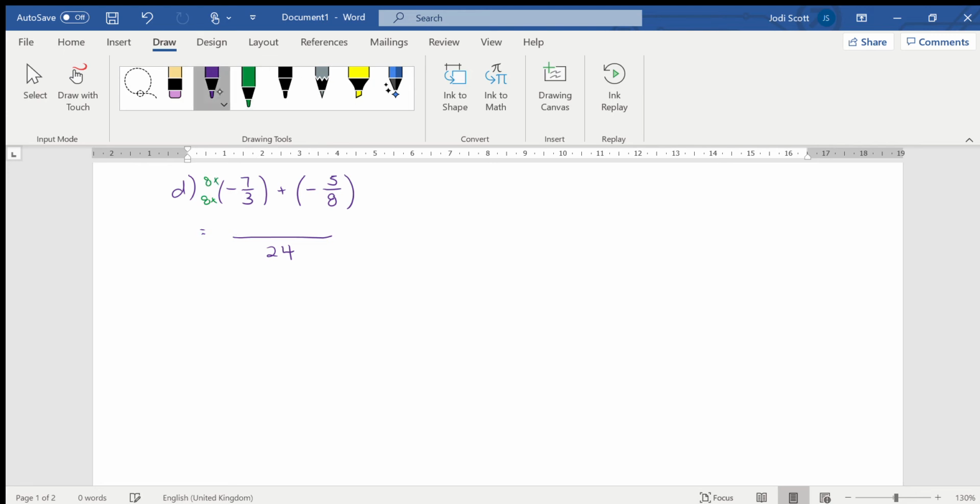So again, what you do to the bottom, you do to the top. 8 times negative 7 is negative 56. And then on the second fraction, 8 times 3 was 24. And then the top, so negative 5 times 3 is negative 15. Well, that negative is going to kind of beat out the positive, so we're just going to say minus 15. So negative 56 minus 15 is negative 71, and over 24, leave the denominator the same. Again, this one, it's improper, but we can't reduce any further, so we're just going to leave it.